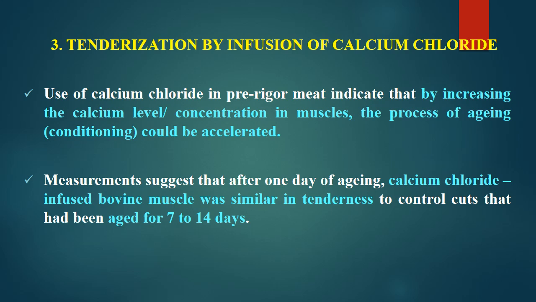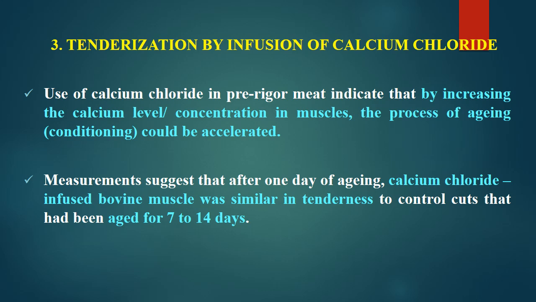Now here is the third method, that is the tenderization by infusion of calcium chloride. Use of calcium chloride in pre-rigor meat indicates that by increasing the calcium level or concentration in muscle, the process of aging or conditioning could be accelerated. And measurements suggest that after 1 day of aging, calcium chloride infused bovine muscle was similar in tenderness to control cuts that had been aged for 7 to 14 days.